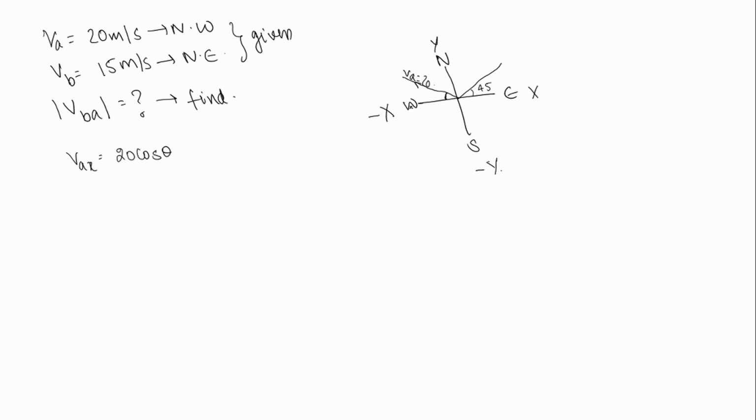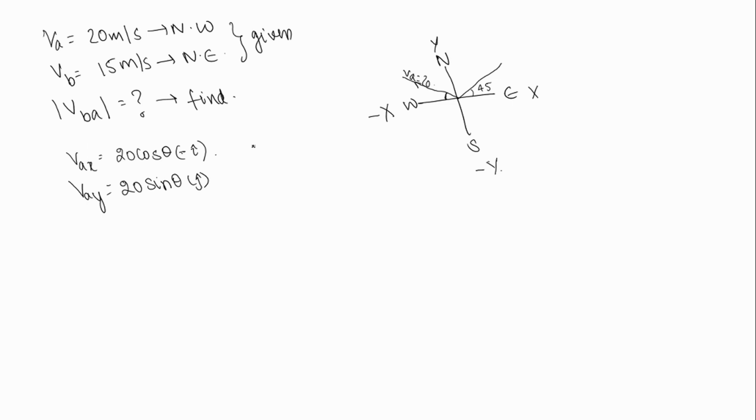As it is along the negative x-axis, we should put minus i cap. And the velocity of particle A in the y direction is 20 sin theta j cap, plus j because it is in the positive y-axis.